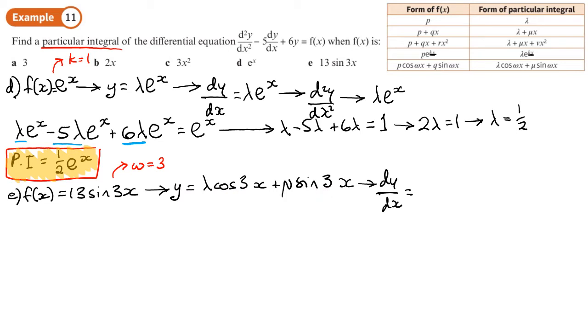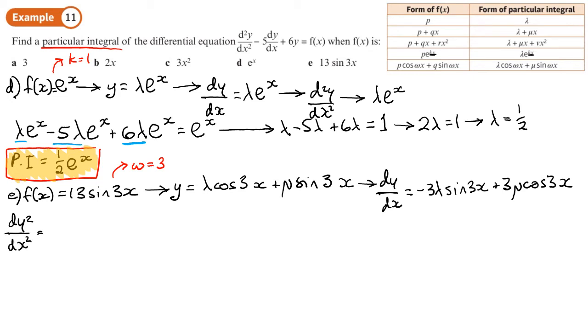Now we'll differentiate it, and we'll have 3 lambda cos, cos differentiated becomes minus sine, doesn't it? So it'll be minus 3 lambda sine 3x, and then plus 3 mu cos 3x. Now we differentiate again.